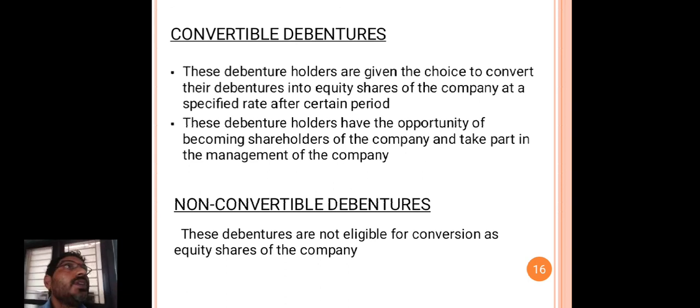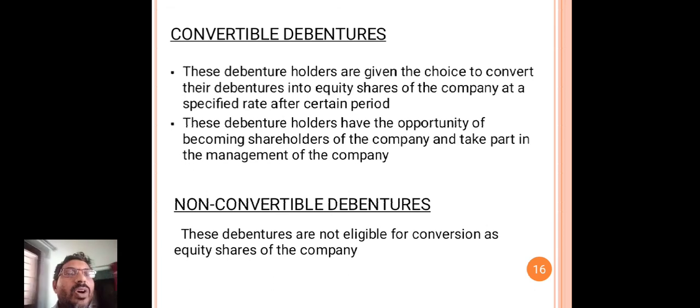And these debenture holders have the opportunity of becoming shareholders of the company and take part in the management of the company. Then the last one, non-convertible debentures.